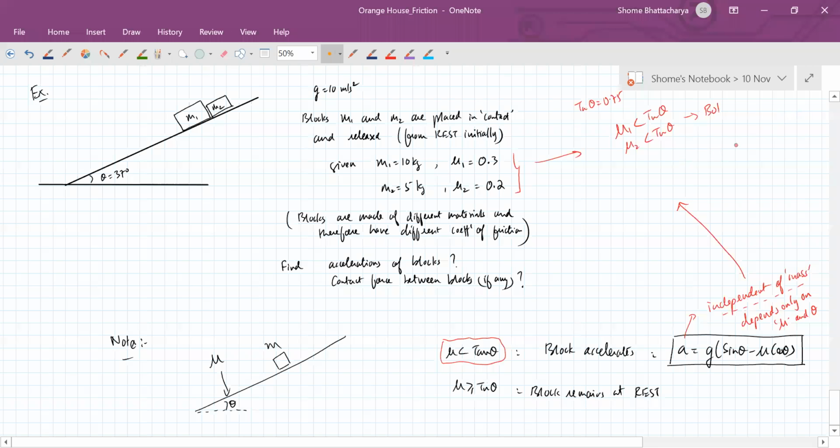Secondly, since mu1 is larger than mu2, so m2 has a tendency to accelerate faster. That is, if we had released the blocks with some distance between them, then this one would have accelerated faster. So that means what is happening? It means that m2 pushes m1 as they are sliding down.